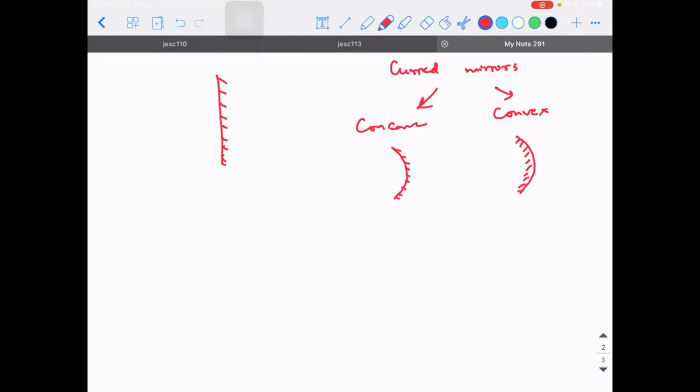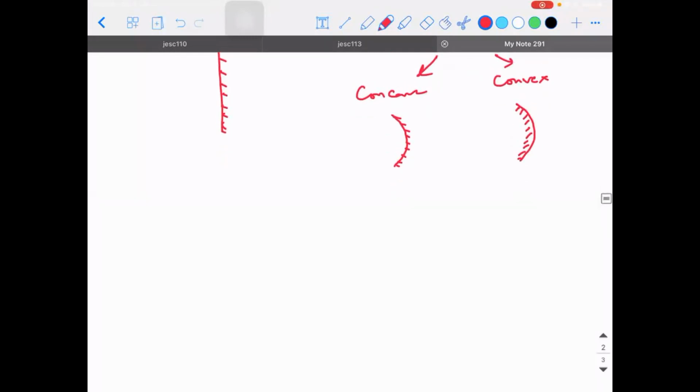Now comes the next question. If I talk about a plane mirror, what are all the types of images that you know? Real image and virtual image. With respect to a mirror, what do you mean by real image?